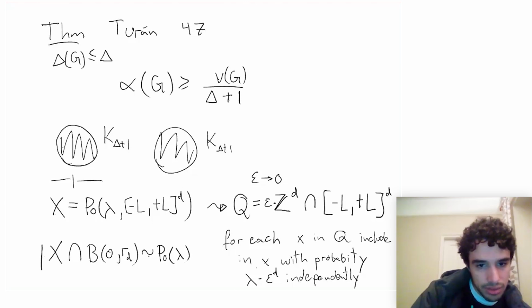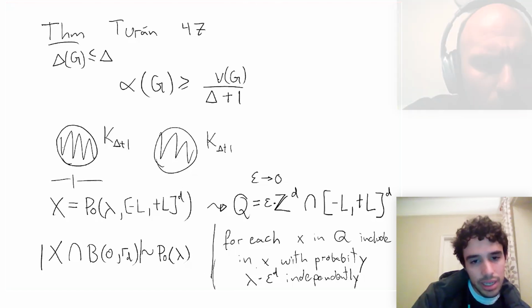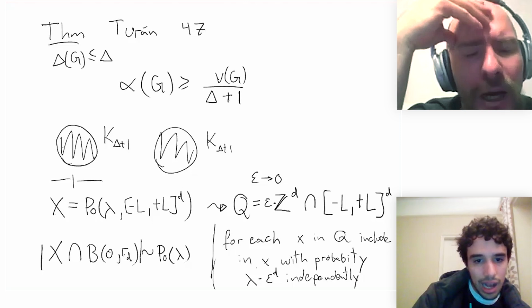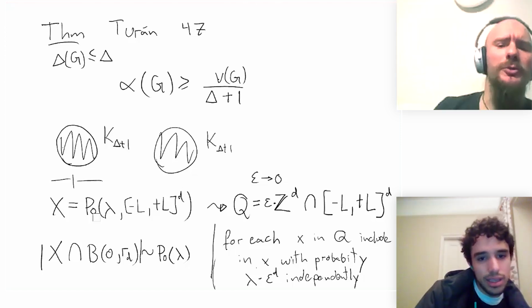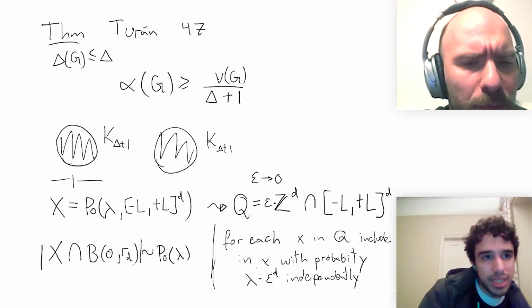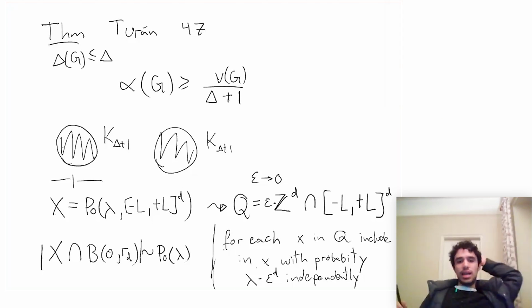This is the important point about this process. In particular, take a ball with radius r_d so that the volume is 1. Normally, you need to rescale by the volume. Yeah, sorry.